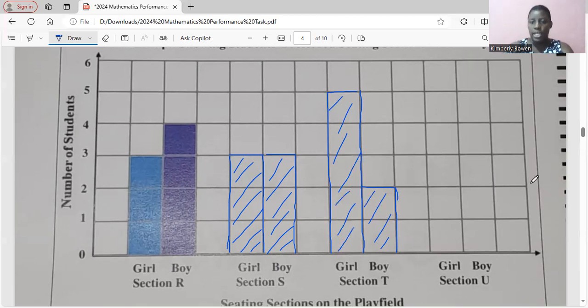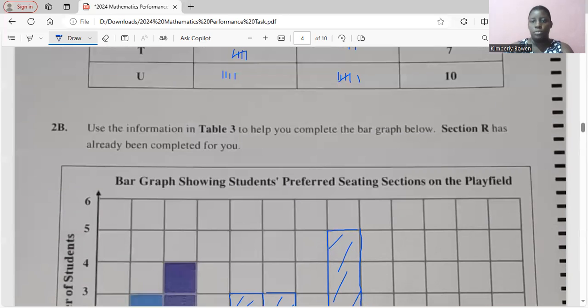And finally, let's do section U. It's 4 girls and 6 boys.